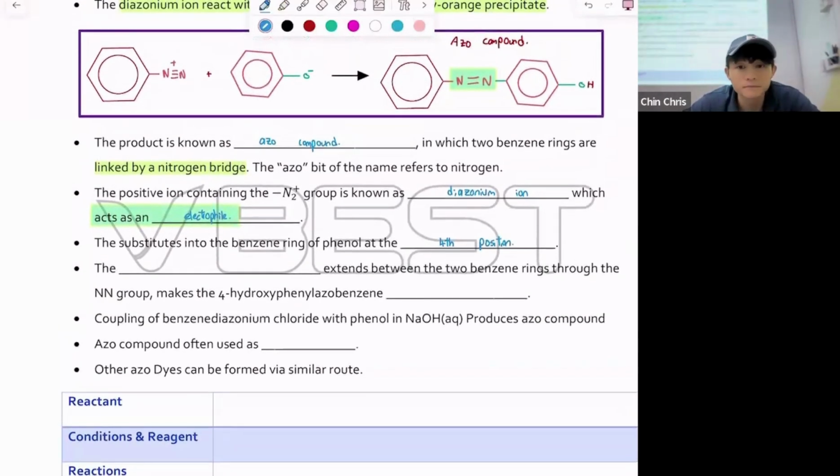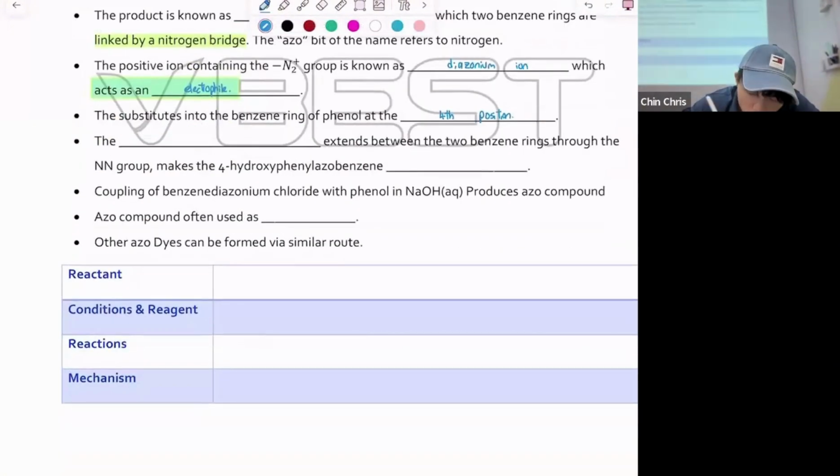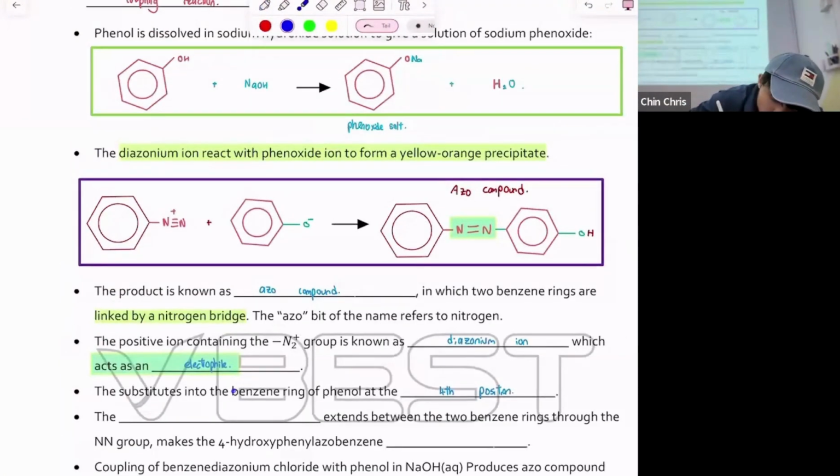Again, how does it substitute? Look at this, 1, 2, 3, 4. Do you see that your N triple bond N substitutes into the fourth position? Originally there was a hydrogen here. So this hydrogen moved to the front.